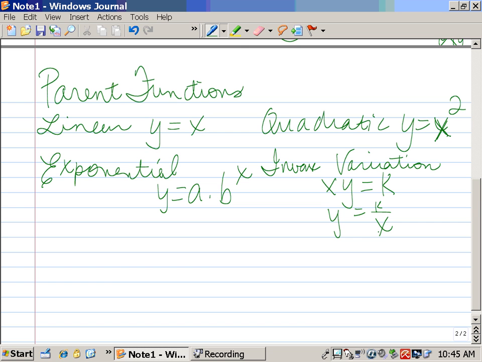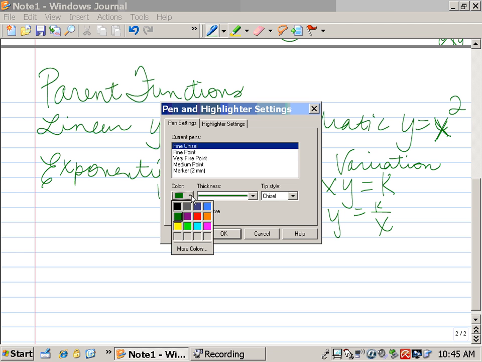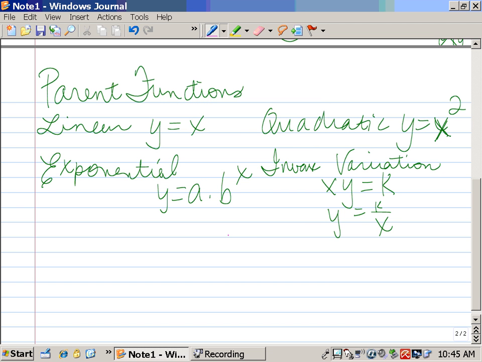Okay, so I'm going to pick a problem, and you have to tell me what it is. Okay, you ready? So how about y equals 5 times 2 to the x? Growth or decay?